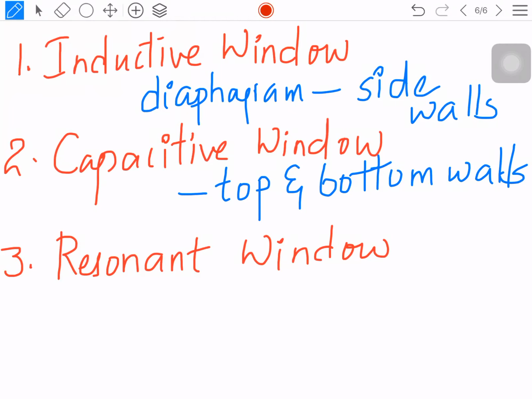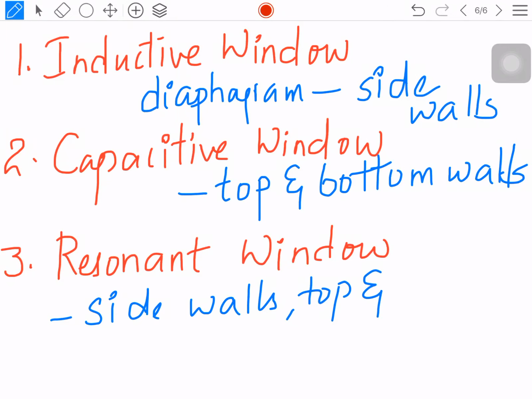In the last one, we are placing them from the side walls and also from the top and the bottom walls. Why are we using these windows? These windows are used for impedance matching purposes.